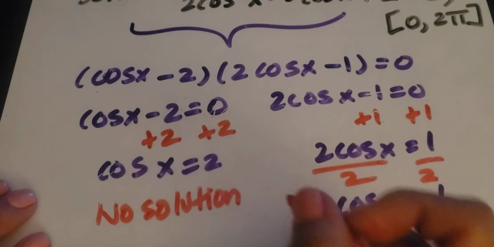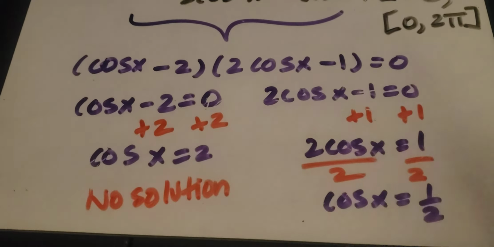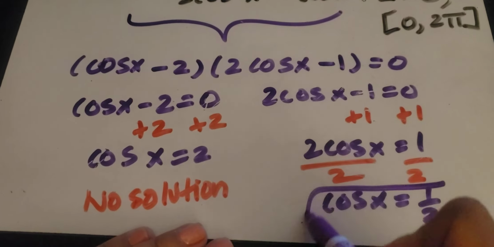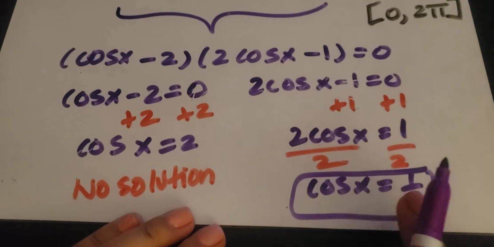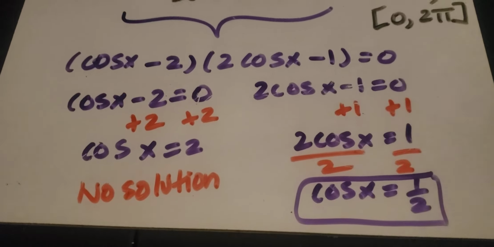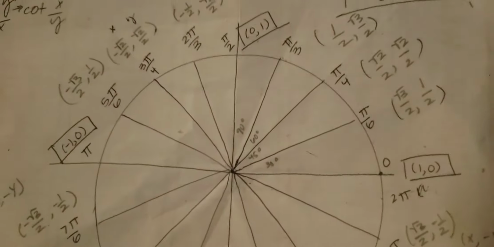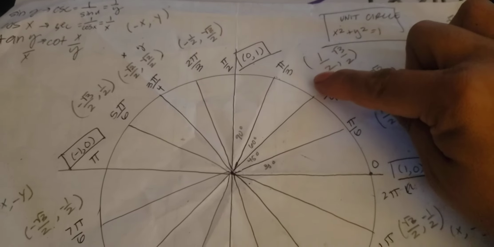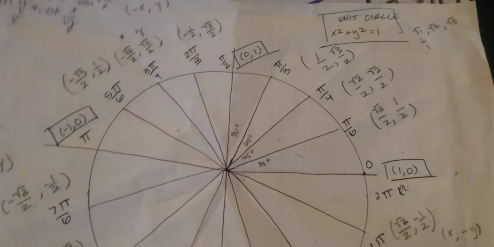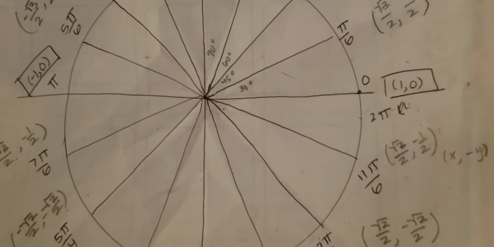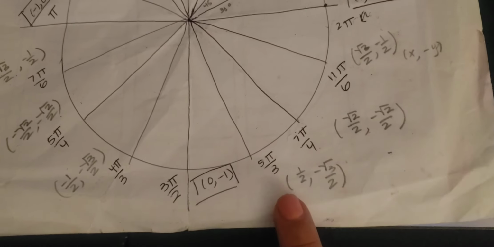So all we have to do is concentrate on our second equation, cosine of x equals 1/2. Cosine of x equals 1/2 will happen at pi over 3 and will also occur at 5 pi over 3.